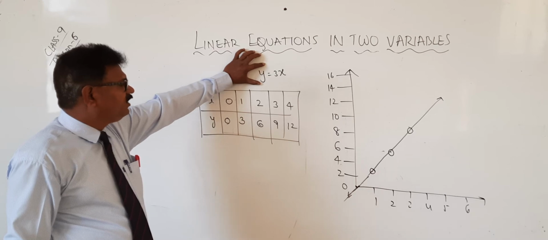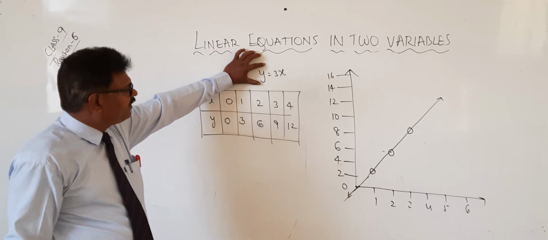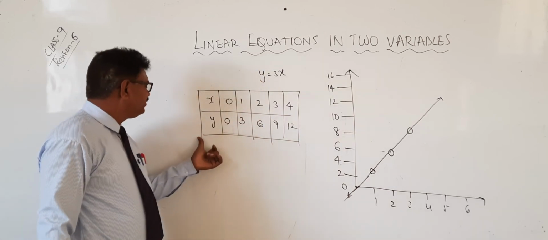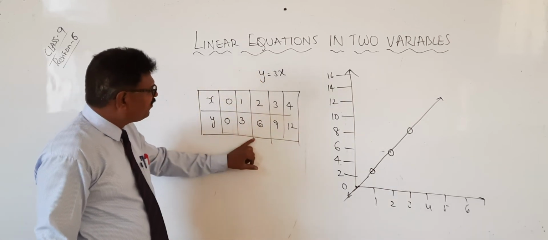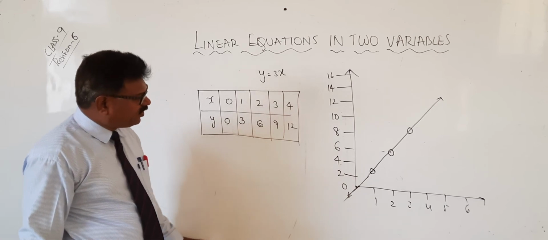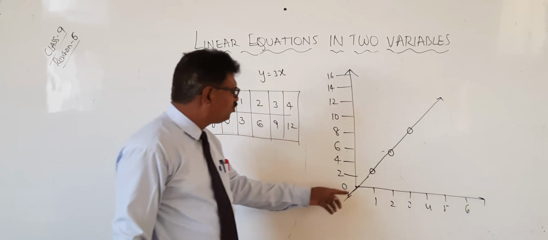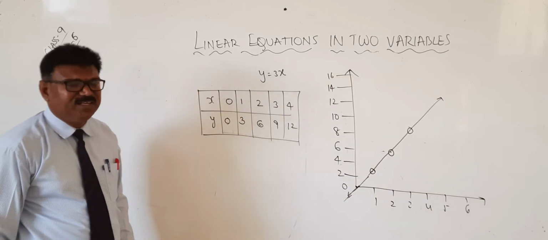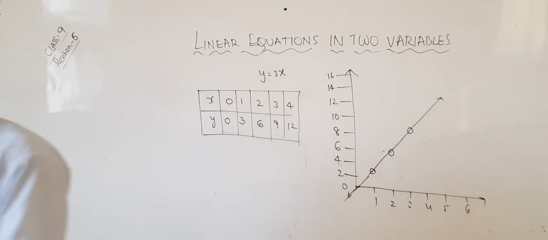If you take 3, it will become 9. If you take 4, 4 threes are 12, like that. Okay? Therefore, by seeing these equations, we can get the values like this, and we can draw the graph, which is passing through the origin. Origin means what? Both the x and y values will be 0. Okay? Please take down.